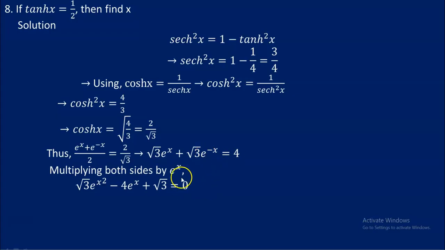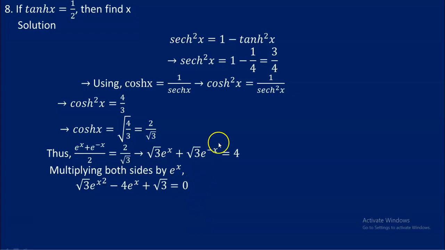So as we are doing that, we do have minus 4 e to the power of x. And again, when you multiply this by e to the power of x, the bases are the same. E is the same as you see, the base e. So take one base e and then add the exponents. Minus x plus x is going to be 0. So e to the power of 0 is going to be 1, and 1 times radical 3 is radical 3.